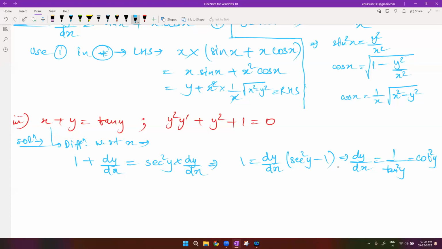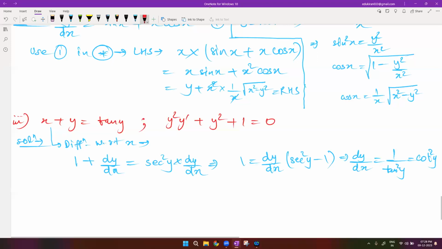Is the equation correct? I think the equation is correct. Oh yeah, the equation is not correct.